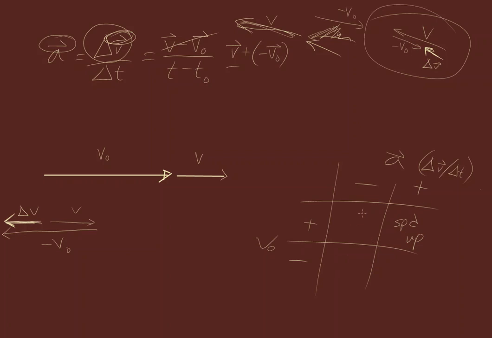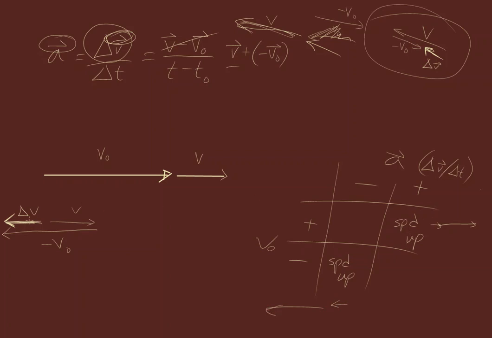So even if they're both in the negative direction, they're still speeding up. It's just the object is speeding up in the negative direction, whatever we define that as. So we can think of maybe positive as speeding up in the rightward direction, and negative here, maybe the object is speeding up in the leftward direction.